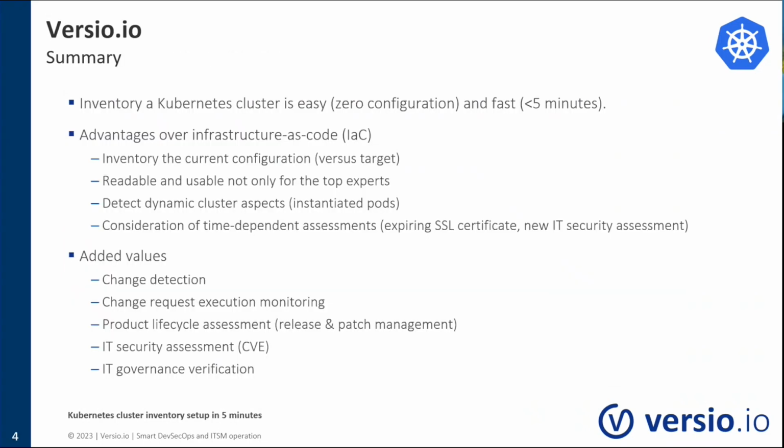Cool. And before you ask questions, let me summarize what Fabian has just shown us. With a minimum of effort, Fabian set up a Kubernetes cluster inventory in under 5 minutes. Often the argument is that you don't need an inventory because you are using infrastructure as code.